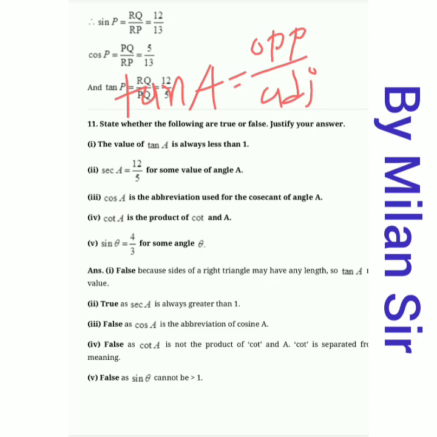These two sides are independent from each other. Sometimes your opposite side can be higher than the adjacent side, sometimes your adjacent side can be higher than the opposite side. So if your numerator is higher than denominator, then your answer will be more than 1. If your denominator is greater, then your answer is less than 1.